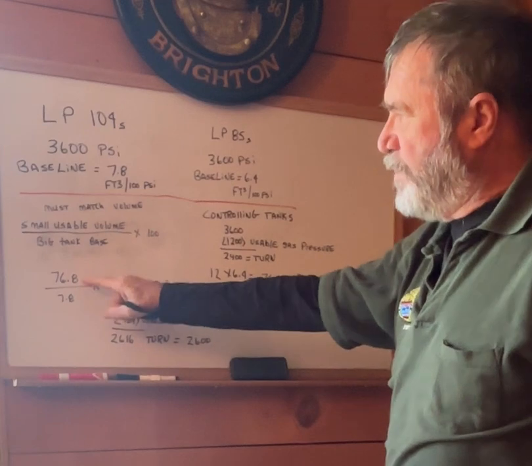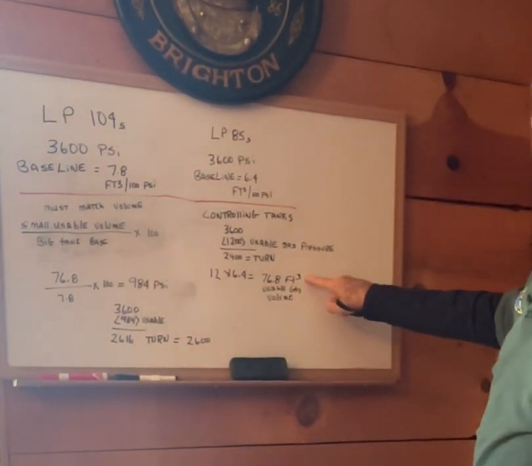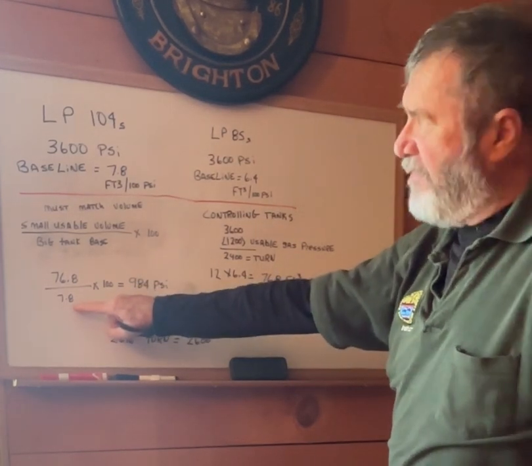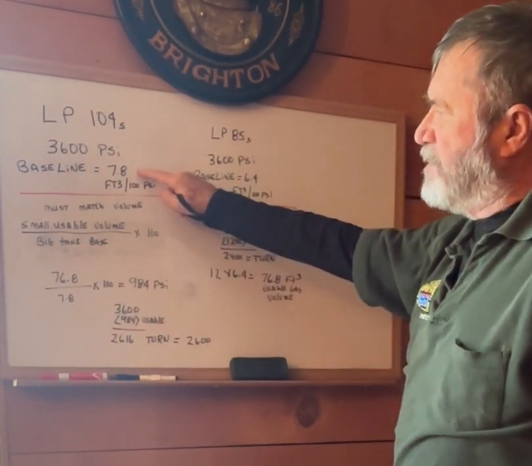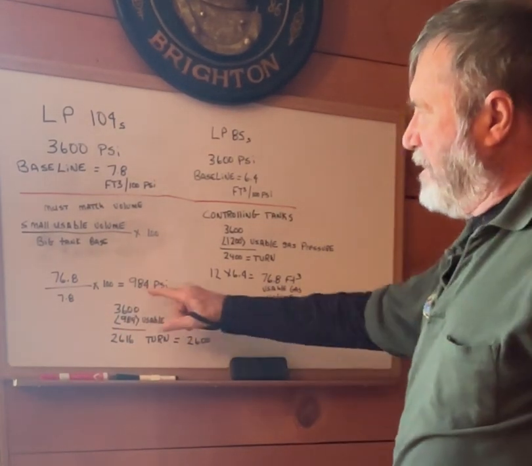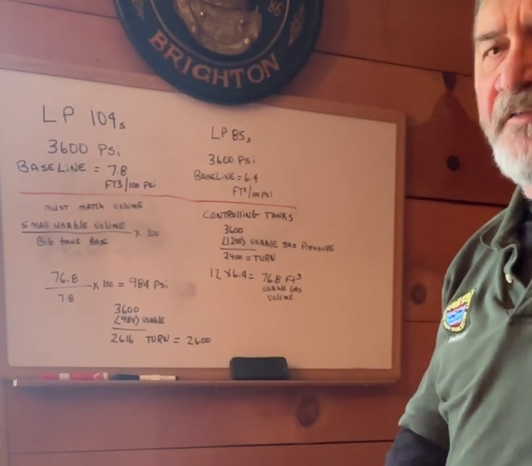And in this case, we get 76.8, which is the usable gas volume for the 85s. We divide that by the 7.8, which is this big tank's baseline, multiply this times 100, and that gives us 984 psi of usable gas.